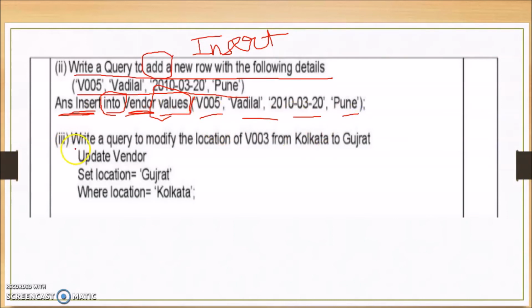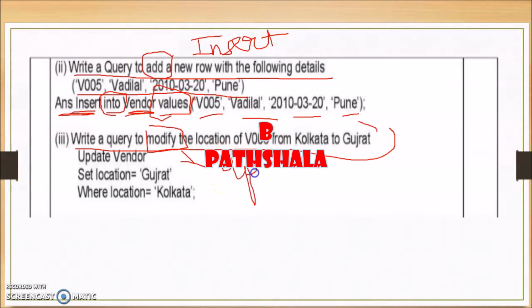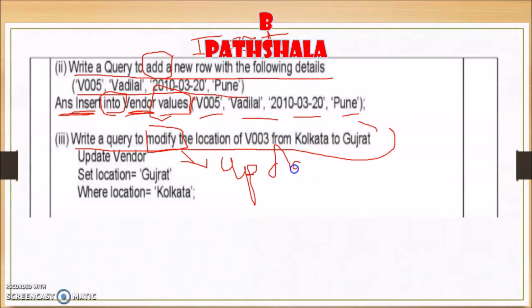Next: write a query to modify the location of V003 from Kolkata to Gujarat. If you can see, there's the keyword modify. When we are talking about modify, which query can we use? Update. So when we talk about modify, we talk about the update query.